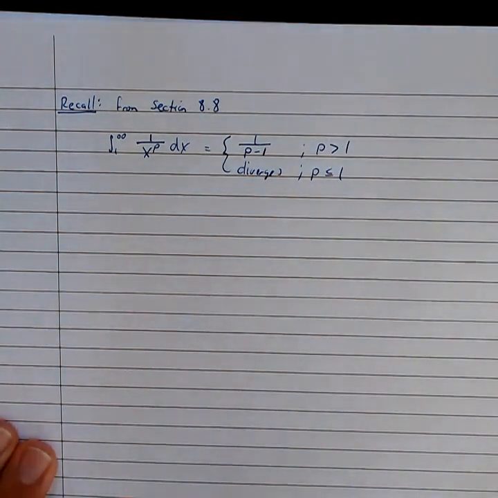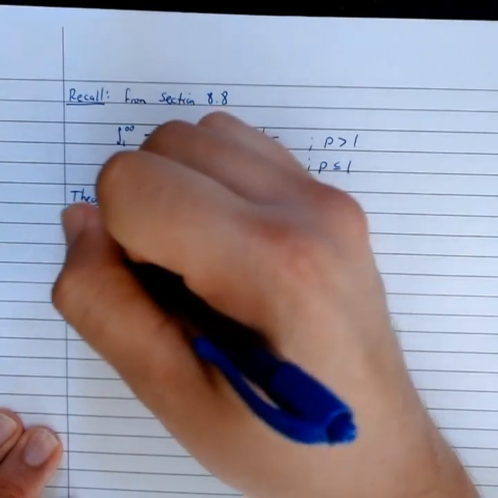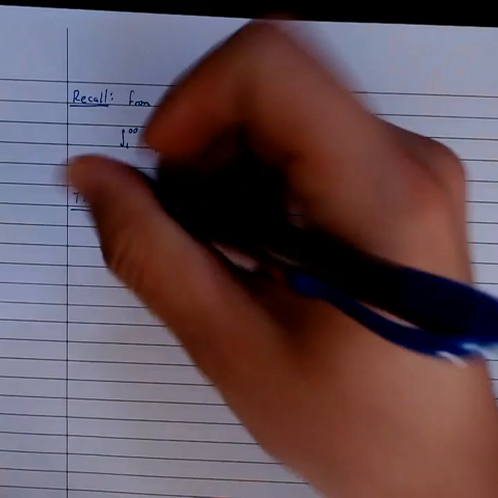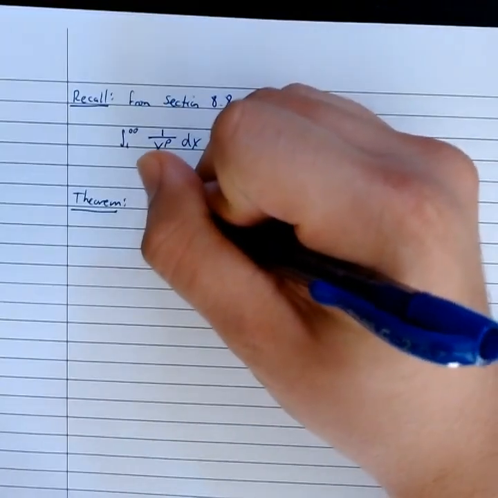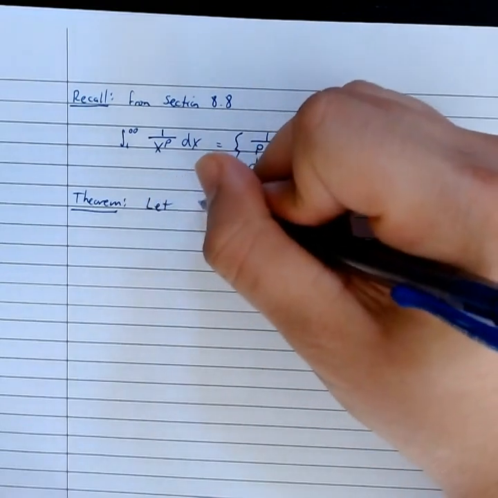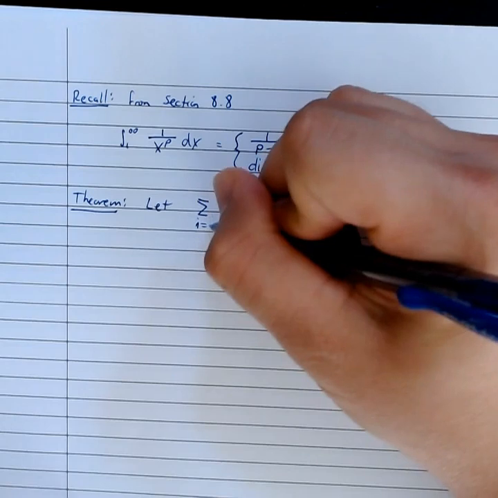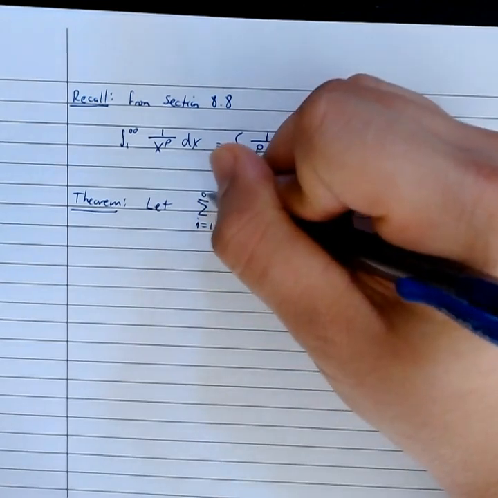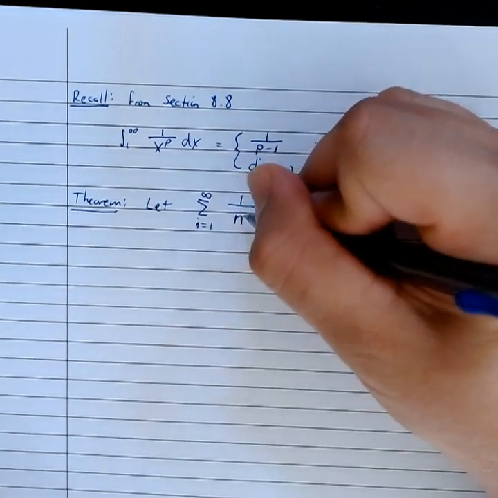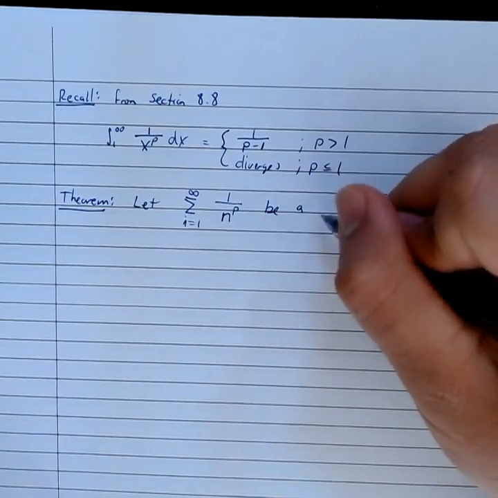Okay? All right, so now this leads us to a theorem which states the following. Let the sum as n goes from 1 up to infinity of 1 over n to the p be a series.